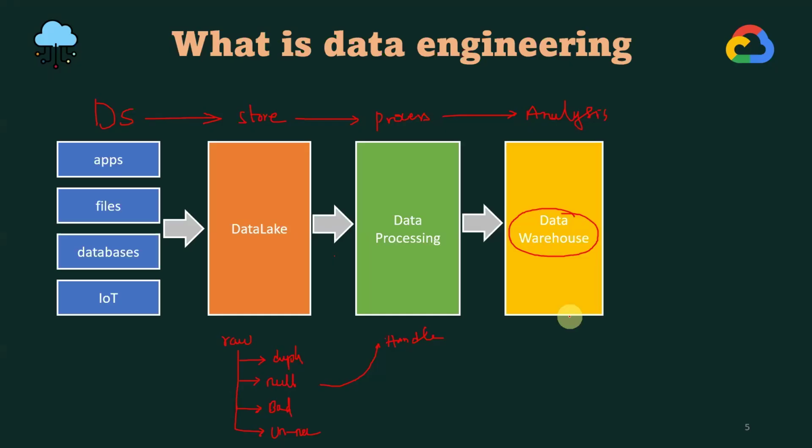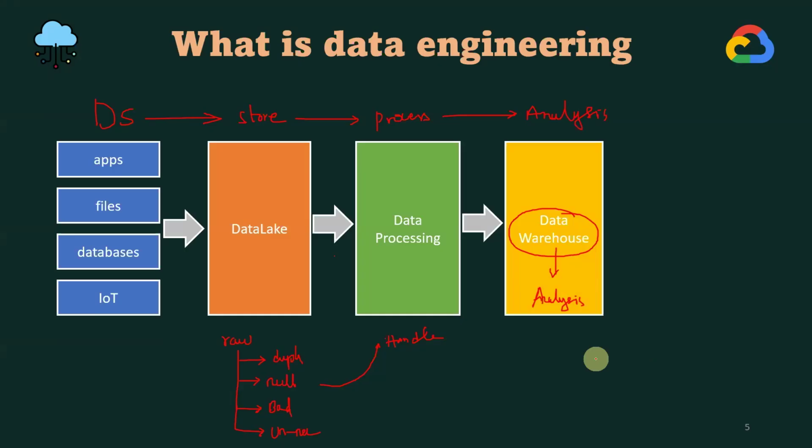For example, if you are working for a client, that entire client's data will be available in the data warehouse, mostly in table format. On top of these tables, we perform the analysis using SQL.